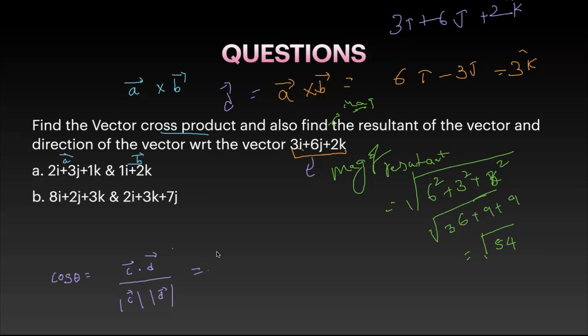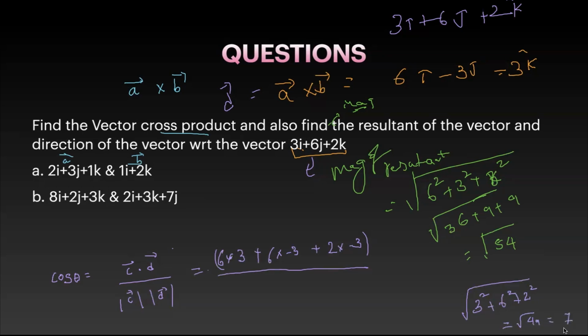Now dot, which is nothing but multiply the coefficients of i cap, 6 into 3, plus 6 into minus 3, plus 2 into minus 3, whole divided by magnitude of C. What is the magnitude of that? Coefficient of i cap square, coefficient of j cap square, coefficient of k cap square. You are going to get root of 49, which is 7.